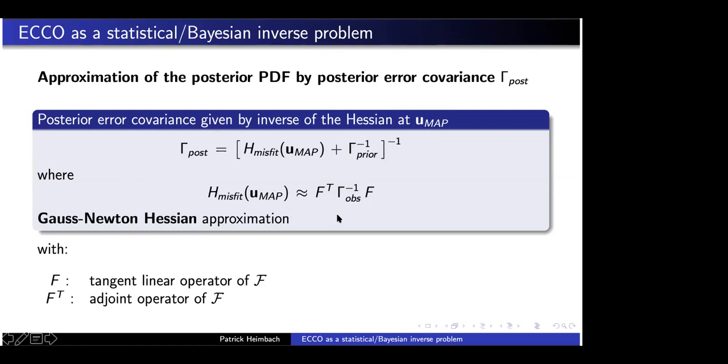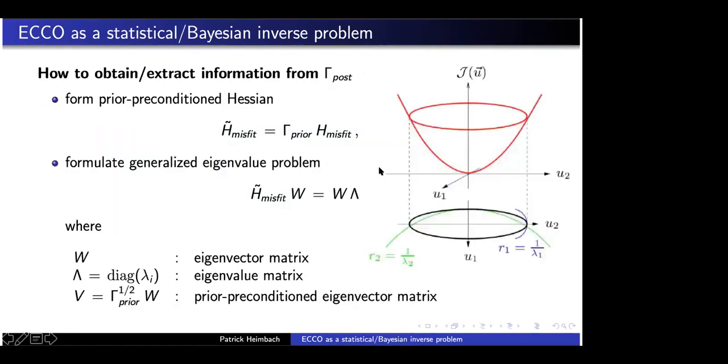And then again, we can calculate this via the adjoint and the tangent linear operator based on the inverse error covariance. We can compute this component, and then we can see to what extent these observations actually help to reduce the prior uncertainty.